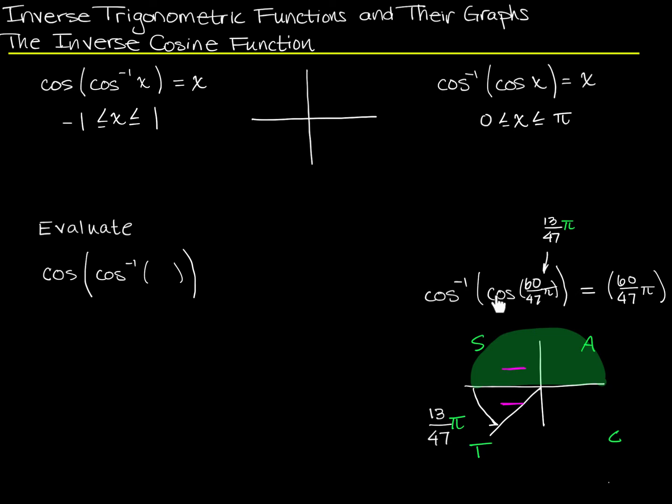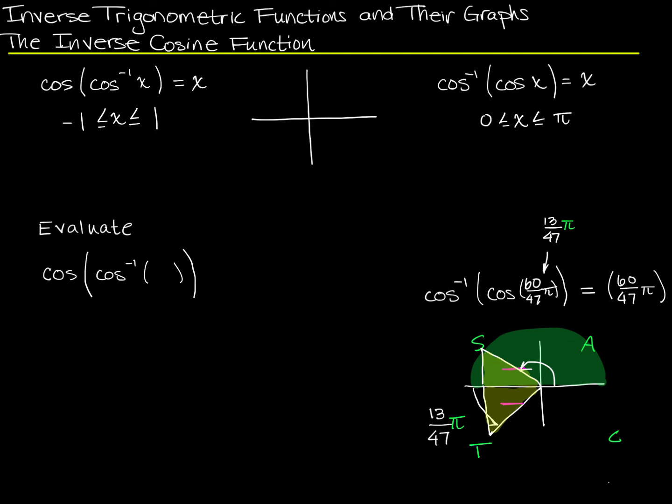So in order to take the cosine of this angle so that I can turn around and take its inverse cosine, I need to be dealing with the angle that has the same cosine and has the same sign, but is in a different quadrant. Specifically, it's the one in quadrant 2. Now, if this is 13/47ths too big, then this is 13/47ths back from pi.